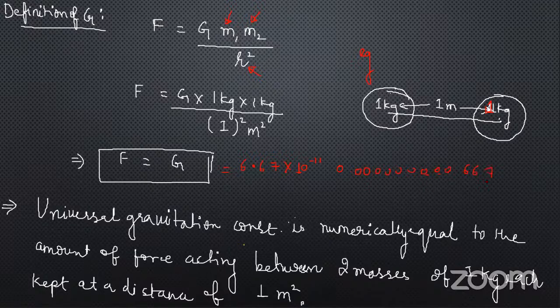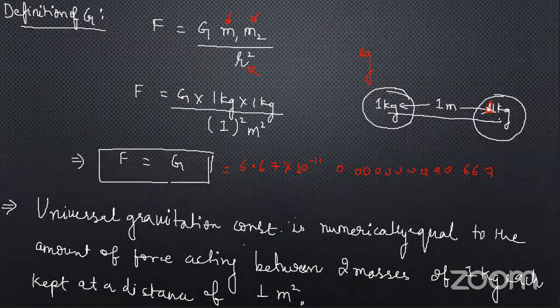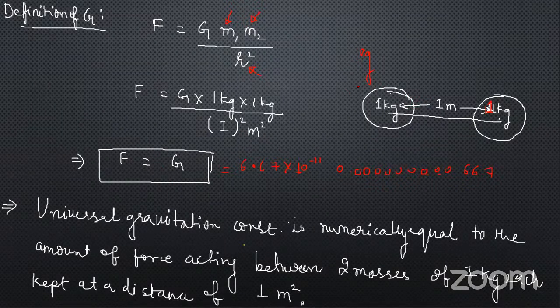This is how small the value of G is. So a very small amount of force exists between two masses, both of them being very small. If both of them are very small, then there is a very little force which exists between them. You think about it, 6.67 into 10 to the power minus 11.